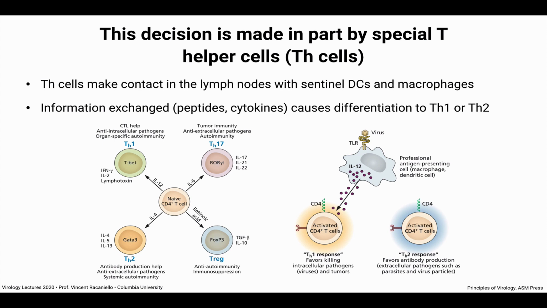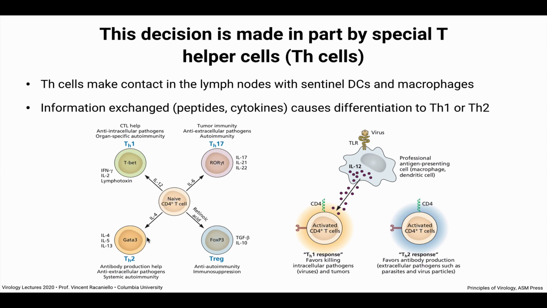Remember, we're starting with a naive T helper cell. Here we go: a naive CD4 positive T cell. CD4 is a helper cell, as opposed to the CD8s, which are CTLs. These are encountering antigen being presented to them on sentinel cell surfaces. Then, depending on the antigen and the cytokines that are produced, different kinds of helper T cells are made from the naive CD4 T cells.